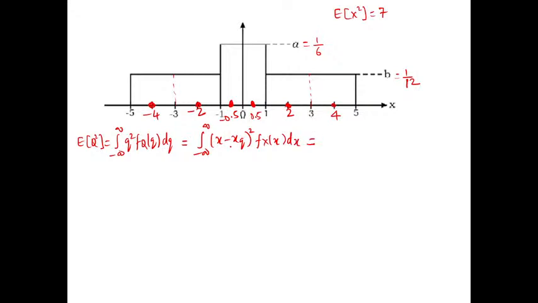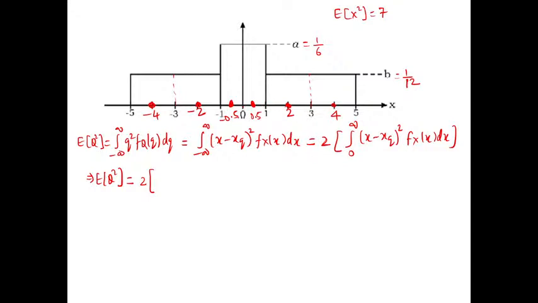Since x and Q(x) are symmetric and f(x) is symmetric, we can write it as twice the integral from 0 to infinity of (x minus Q(x)) whole square f(x) dx.